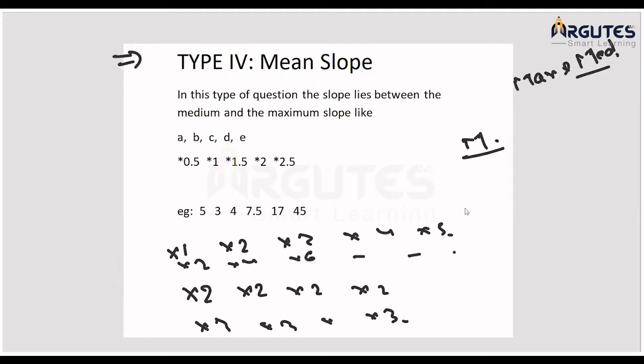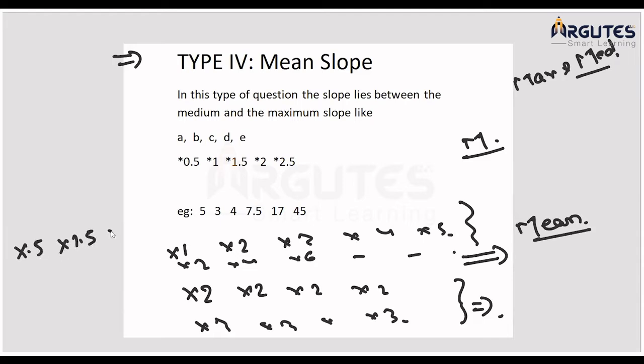It was increasing disproportionately and in a constant way. So in between there comes a type known as mean slope, where the number gets increased like 0.5, 1.5, 2.5 or 0.5 times, 1 times, 1.5 times, 2 times, 2.5 times like this.